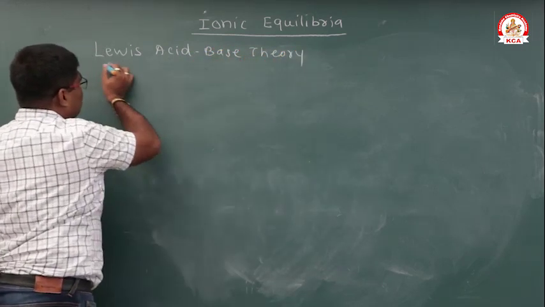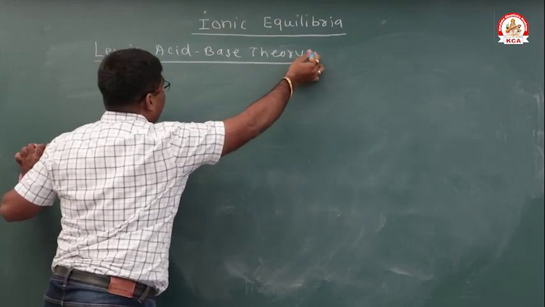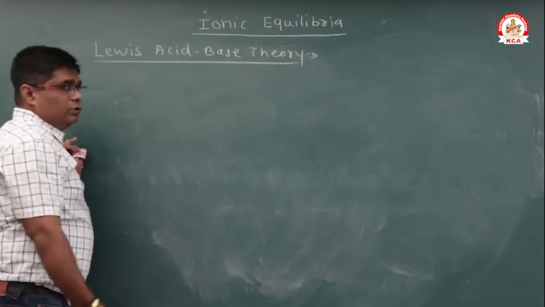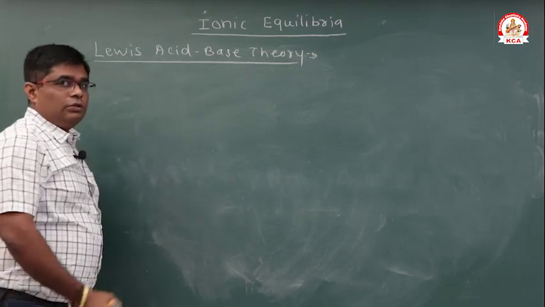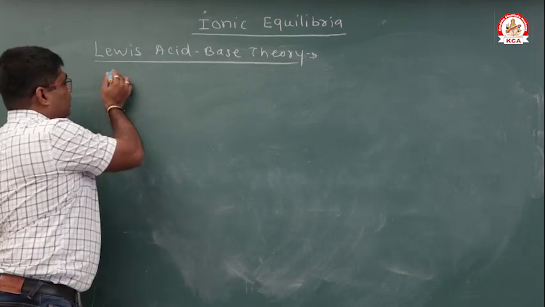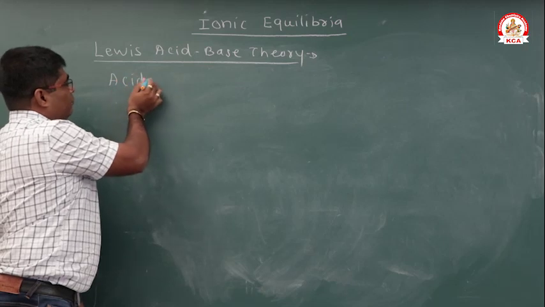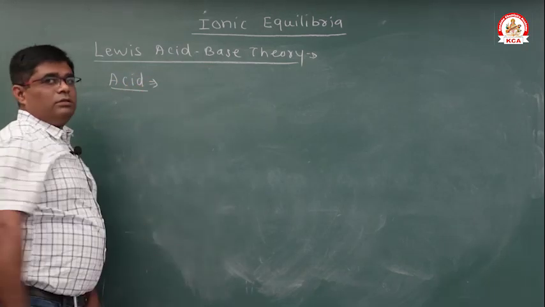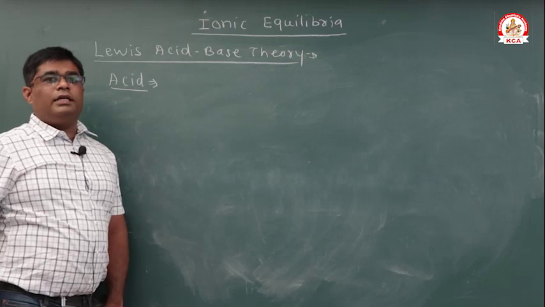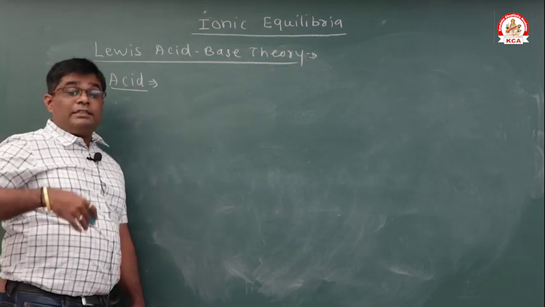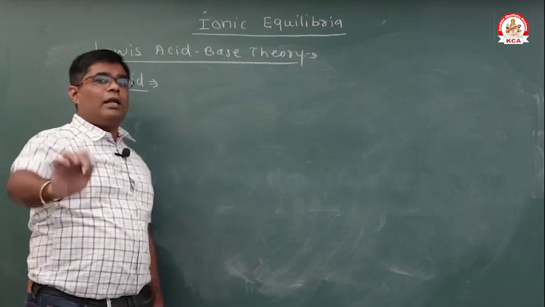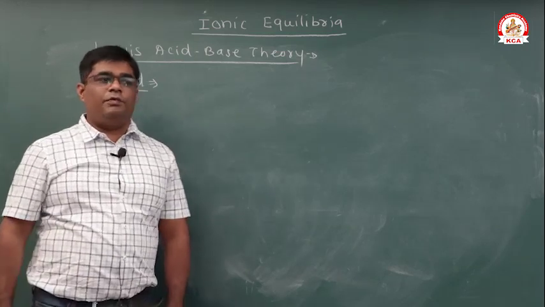So what is the Lewis acid base theory? What is a Lewis acid? The substance which accepts an electron pair from another substance is known as a Lewis acid.